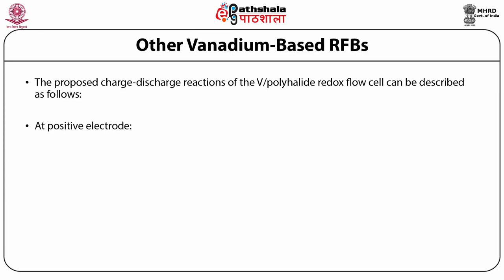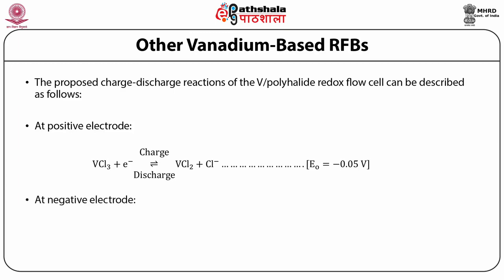At positive electrode, VCl3 + 1 electron charges or discharges to give VCl2 + Cl-, with E0 = -0.05 volts.